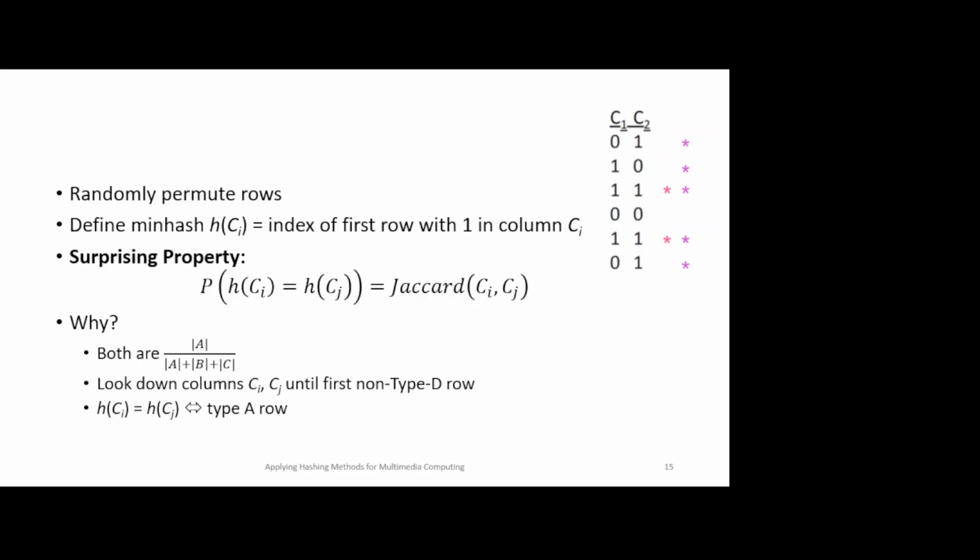Okay, both are the same. I think we know the Jaccard coefficient is computed based on this, right? No problem. But why are the min-hash values equal? The probability of this is also the same as this.